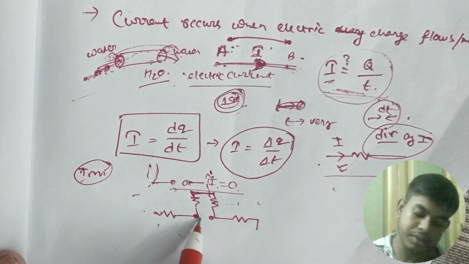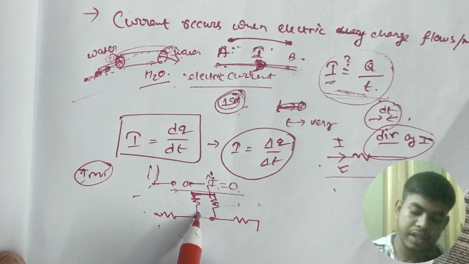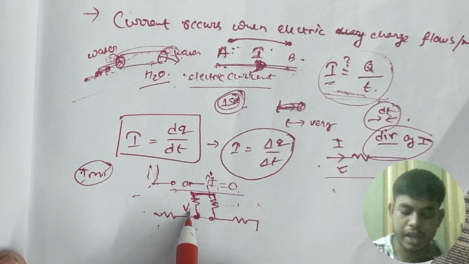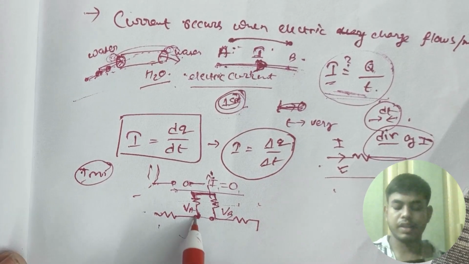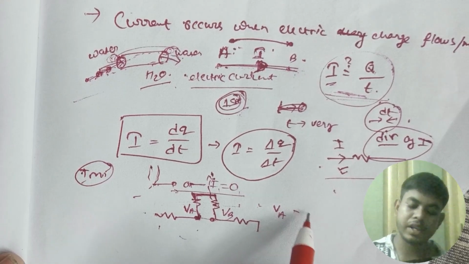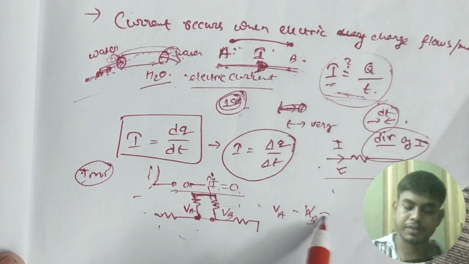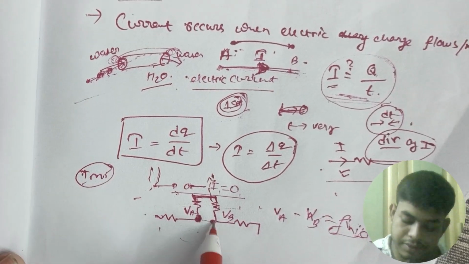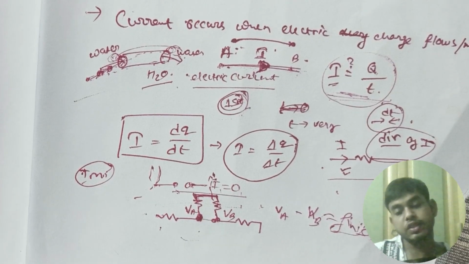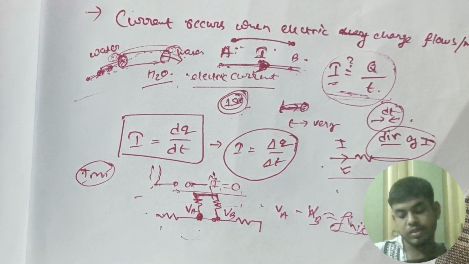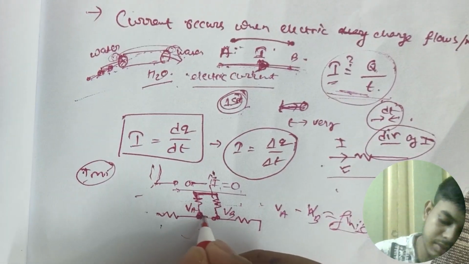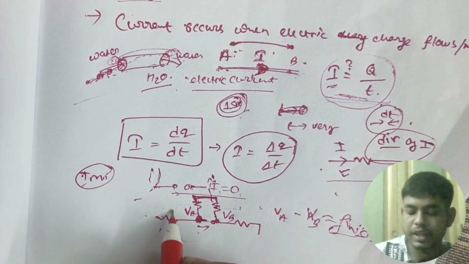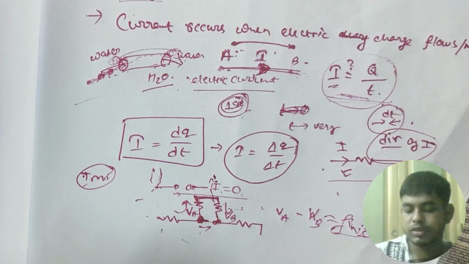Current does not go through the open part, but it can go through the other path. So VA minus VB is finite; we can find the voltage difference between these two points. Even though this is an open circuit and current will not flow from here, it can flow through the other paths.